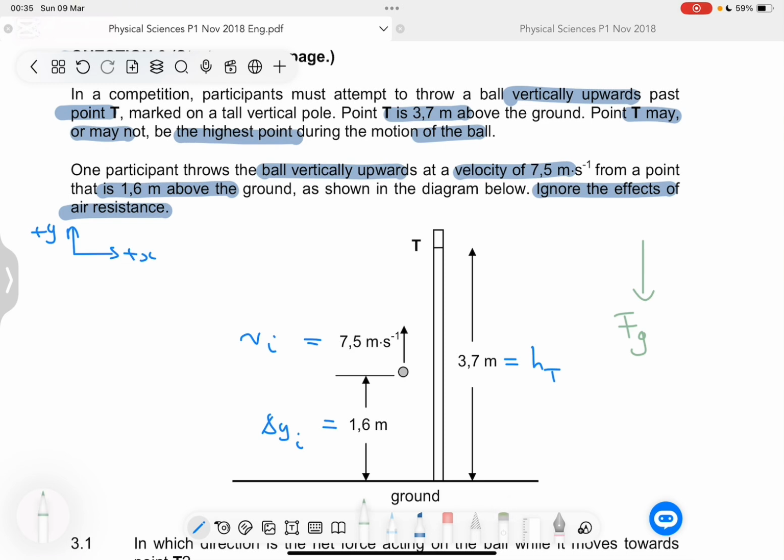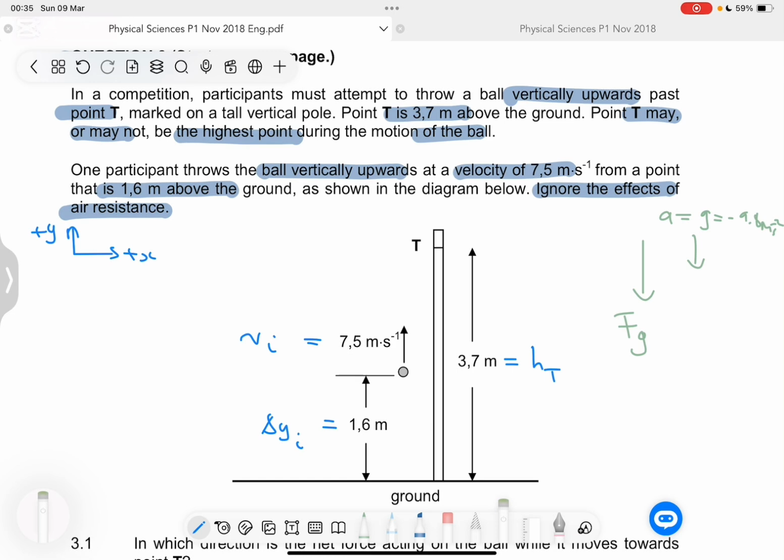But we know that this force is directly proportional to the acceleration, so this would mean that our acceleration would actually be a = g = negative 9.8 meters per second squared, because I've chosen up as positive and this goes down. So this statement means that our acceleration will be a constant 9.8.